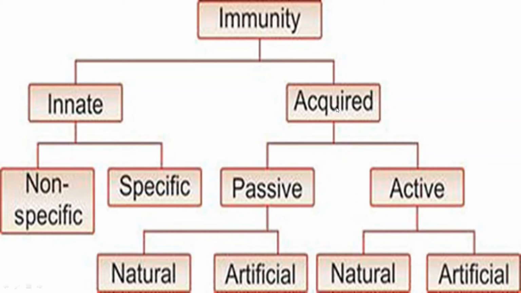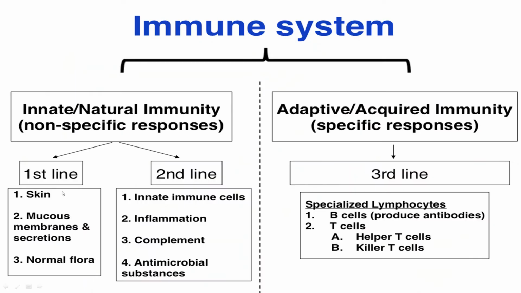And acquired immunity can be passive and active. Passive can again be divided into natural and artificial. Active can also be divided into natural and artificial. Now coming to this innate immunity, this is non-specific, meaning line 1. See this? Line 1 defense and line 2 defense.